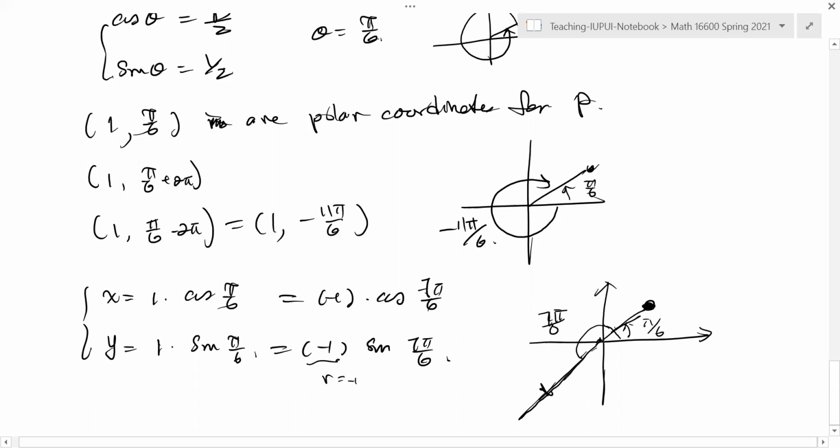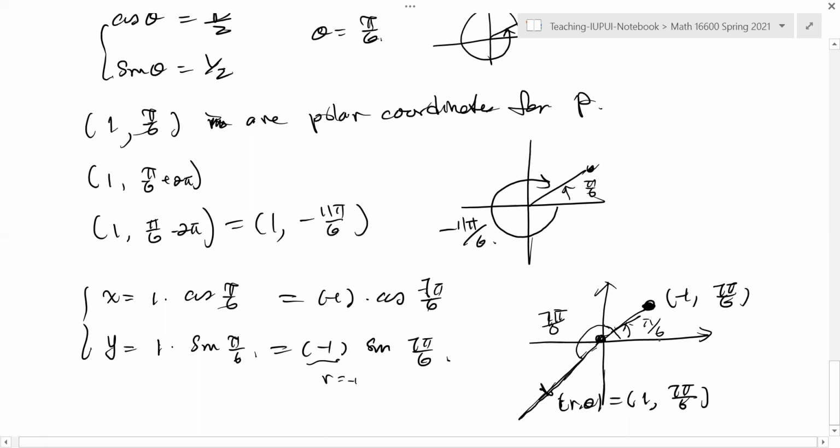So this point, in polar coordinates, is 1, 7 pi over 6. On the other side, this point will be negative 1, 7 pi over 6.